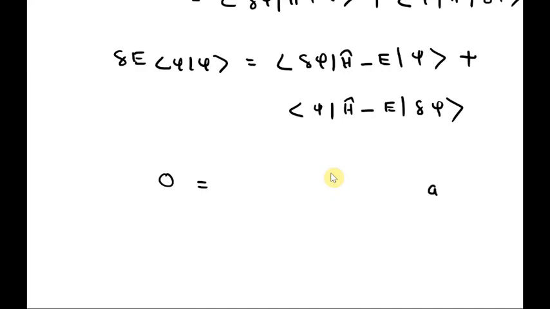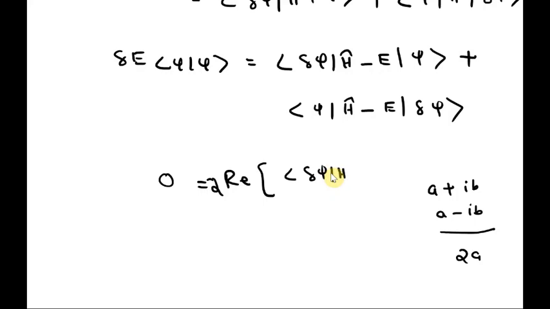What happens if we add two complex conjugates, a plus ib and a minus ib? It becomes 2 times a. The complex part cancels, so this quantity only has the real part. So this is nothing but 2 times the real part of <delta psi|(H minus E)|psi>. Okay, 2 is there.